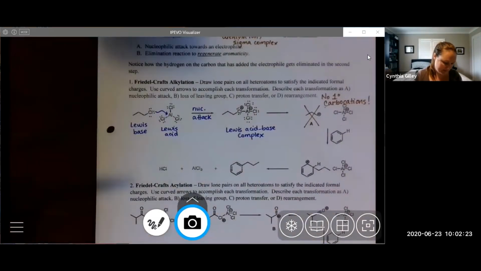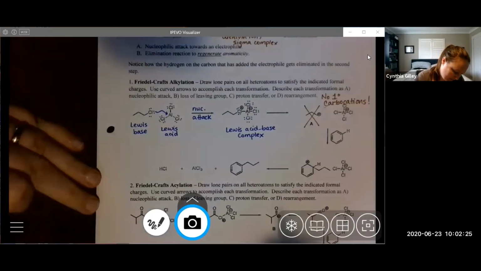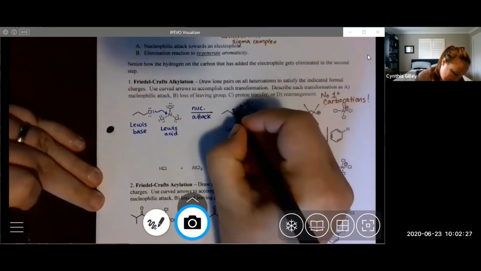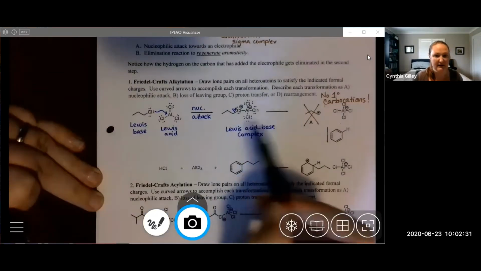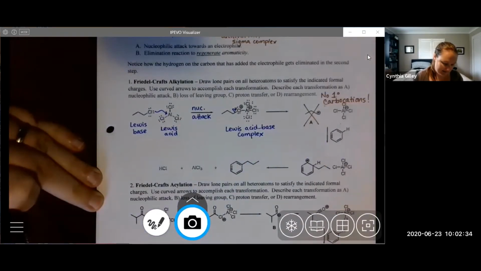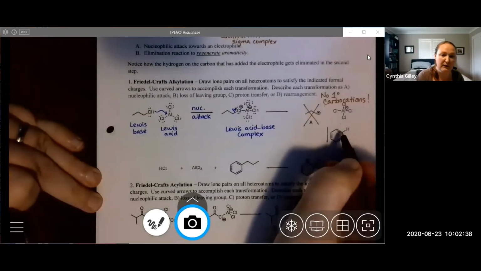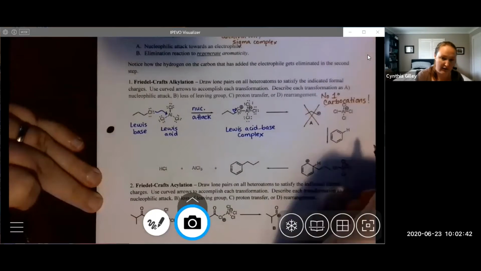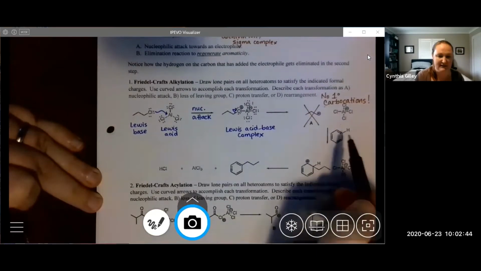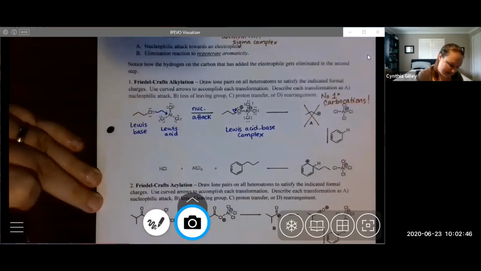And the way we would do that is to show loss of a leaving group, right? And if I just did that, I would get to this intermediate. But at the same time, I can have the nucleophile attack. And the nucleophile, again, is the aromatic ring. It's one of the pi bonds of the aromatic ring.